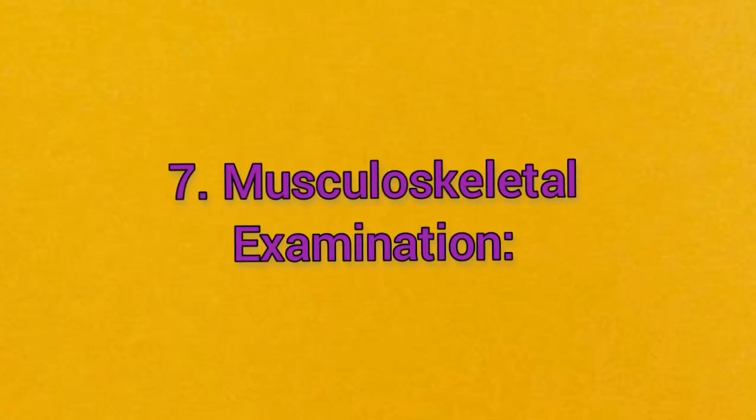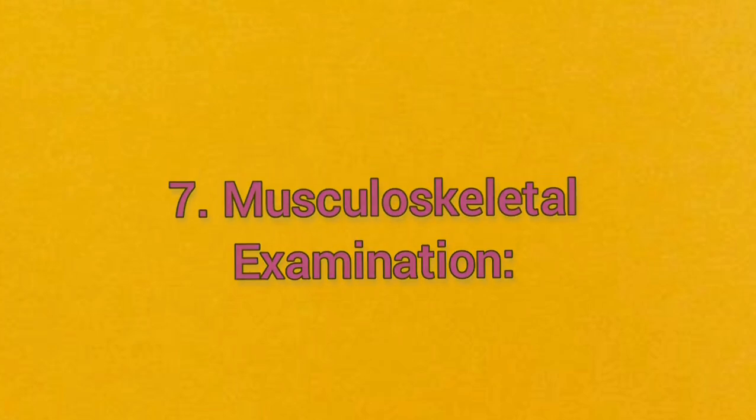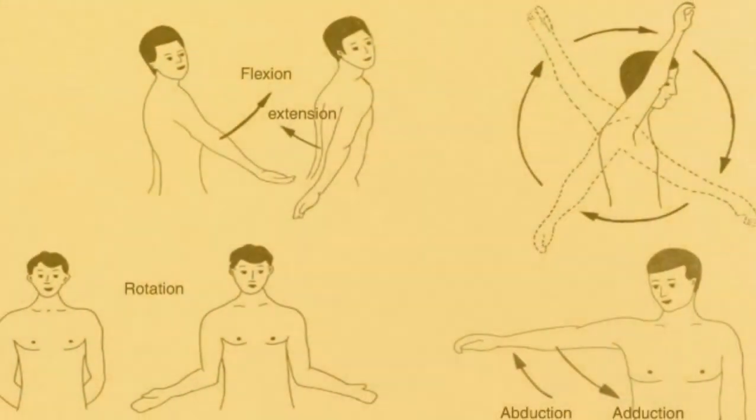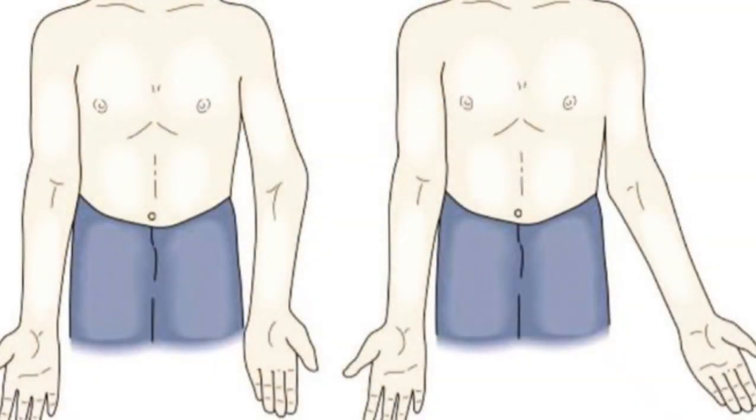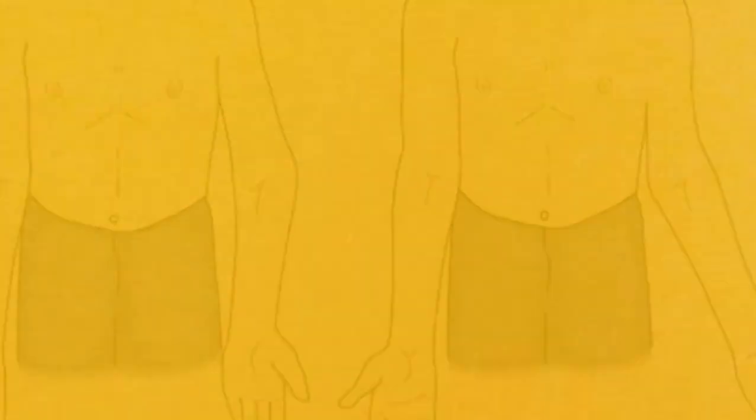7. Musculoskeletal examination. Inspect the musculoskeletal system for deformities, asymmetry, or abnormalities in posture and gait. Palpate joints for tenderness, swelling, warmth, and range of motion. Perform muscle strength testing and assess for signs of inflammation or joint instability. 8.